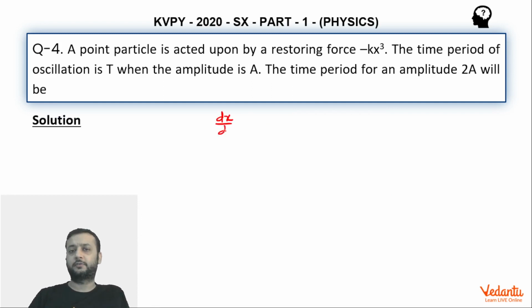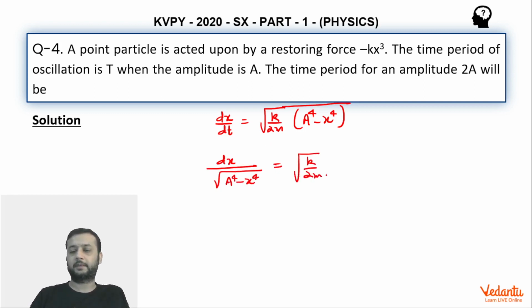So dx by dt equals the square root of k by 2m into A to the power 4 minus x to the power 4, so this will become dx upon the square root of A to the power 4 minus x to the power 4 equals the square root of k by 2m into dt. This is what we get, right?